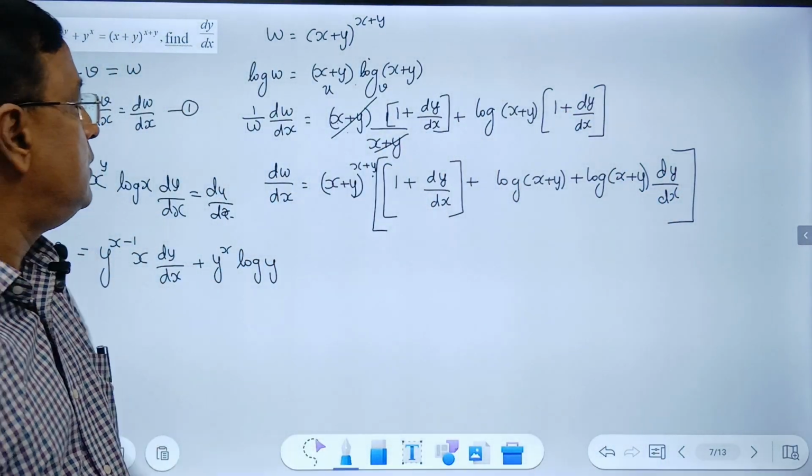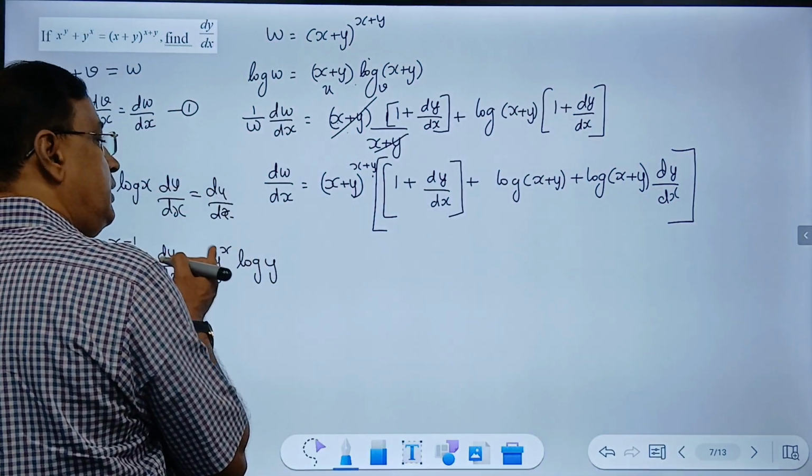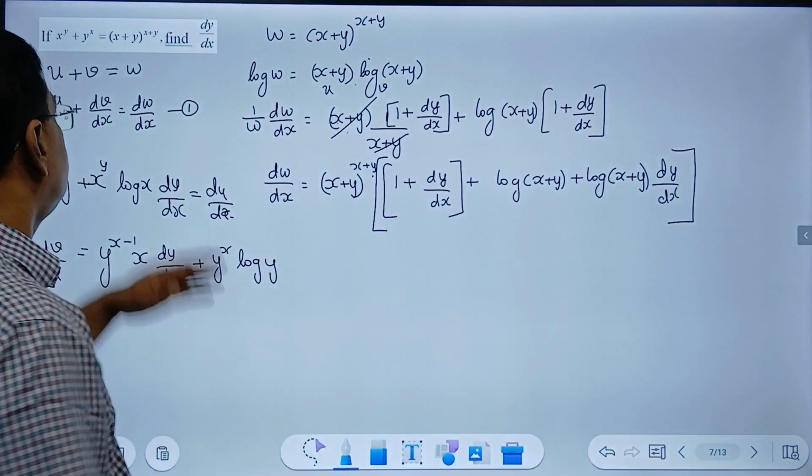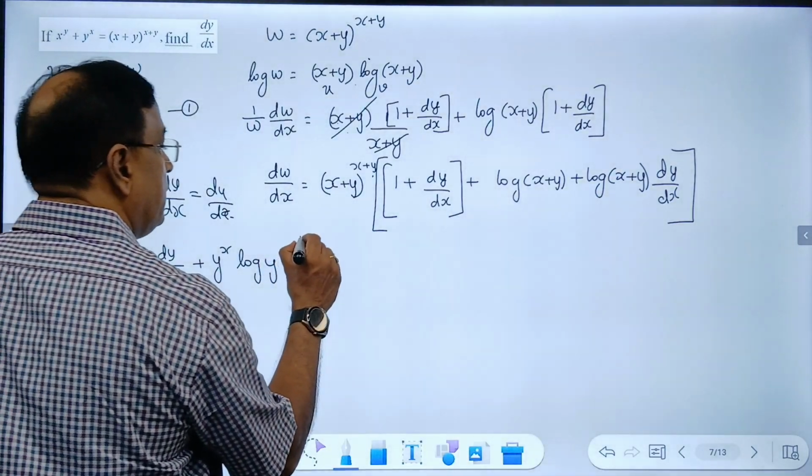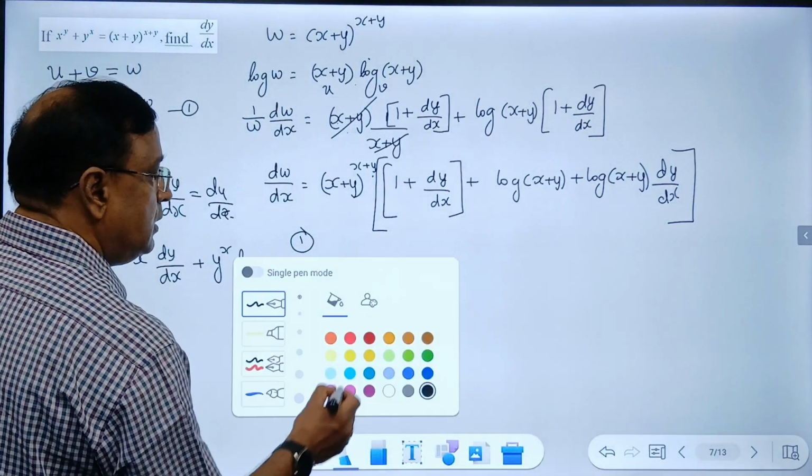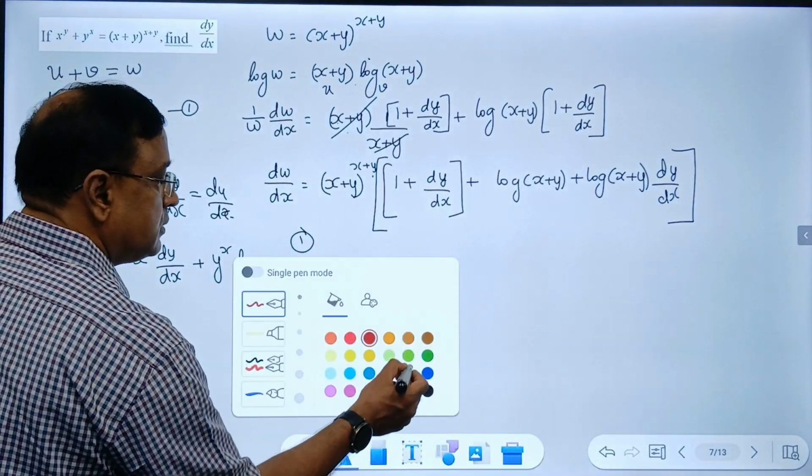Okay, so this is done. Now I'm going to take my du by dx, dv by dx, dw by dx and substitute in 1. So it's going to be a very big term. So let's go very slowly. I'll just change the color slightly so that we can notice it.